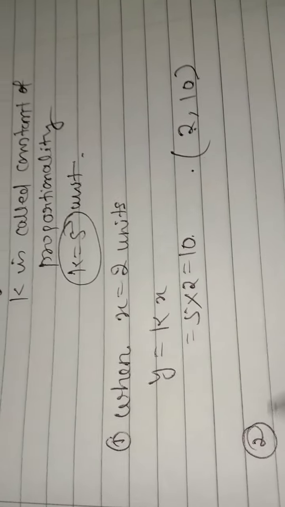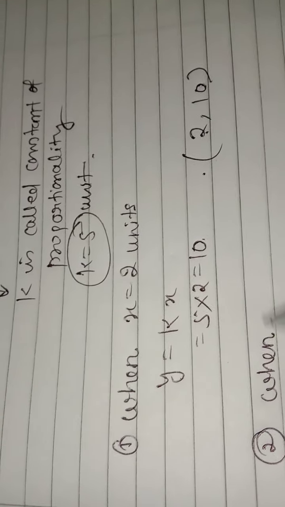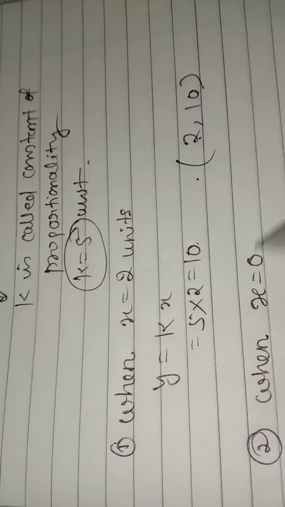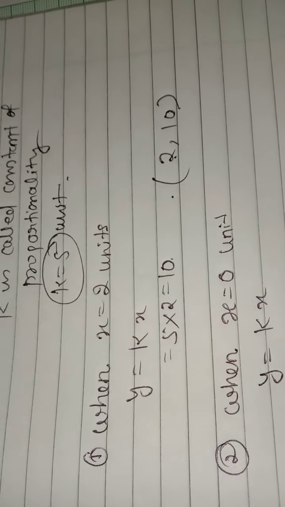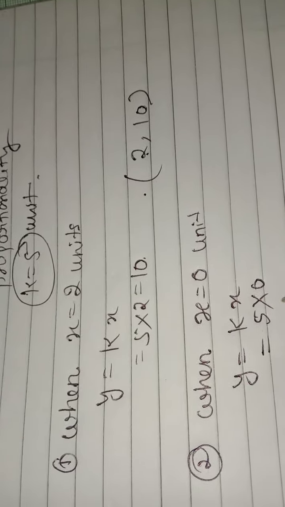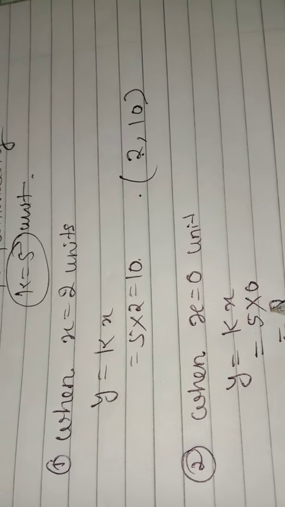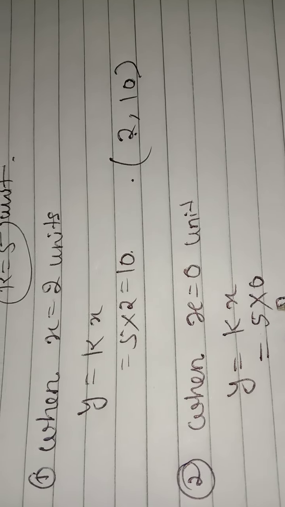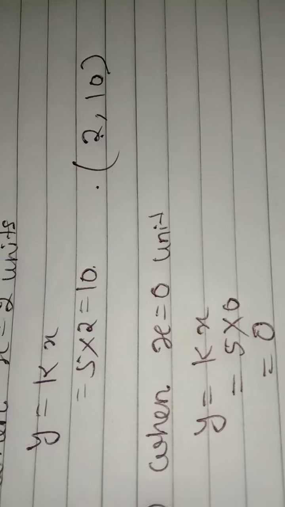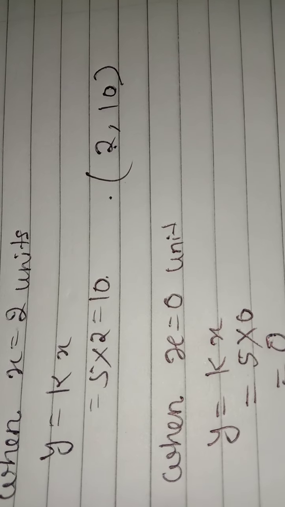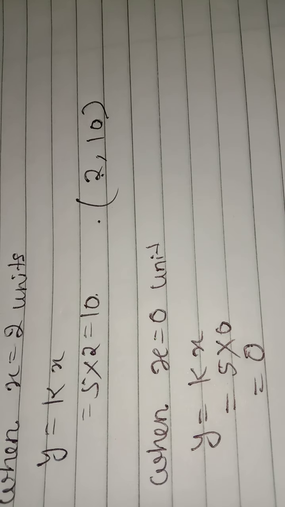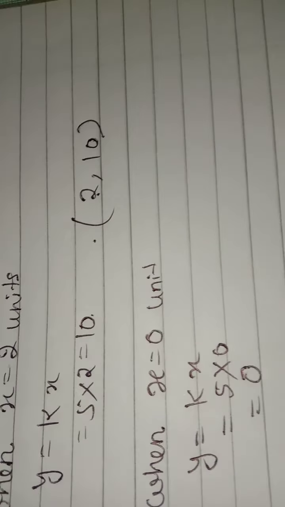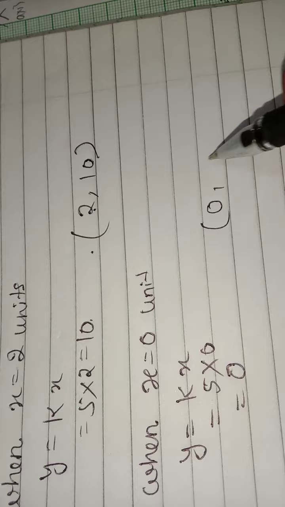The second is when the distance travelled is 0 unit. So y is equal to kx, 5 into 0, which is equal to 0. For 0, both will be 0. So right here, 0, 0.